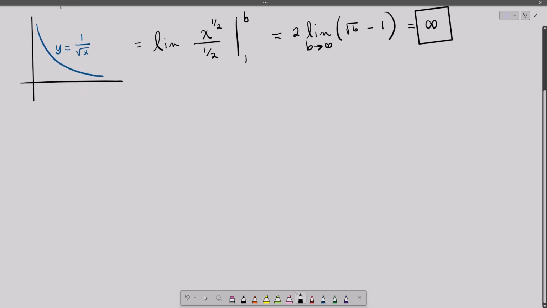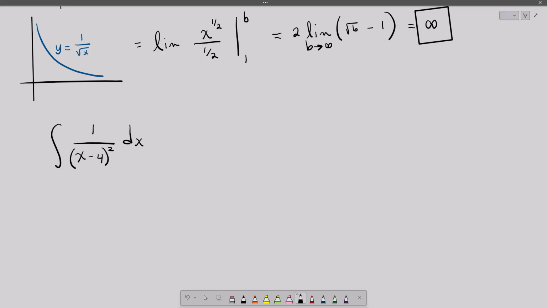If we have another type of integral, let's suppose we have 1 over, and let's suppose we are going from 0 to 4. Well, let's take a look at this.